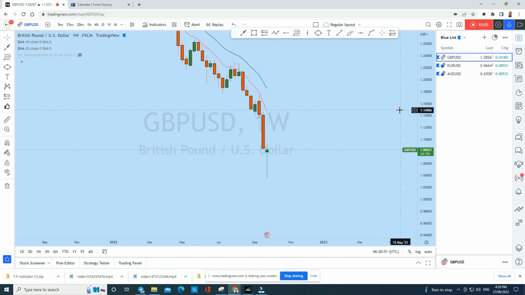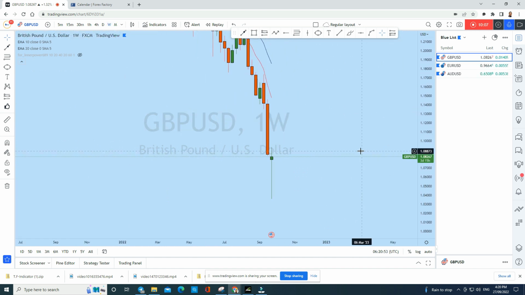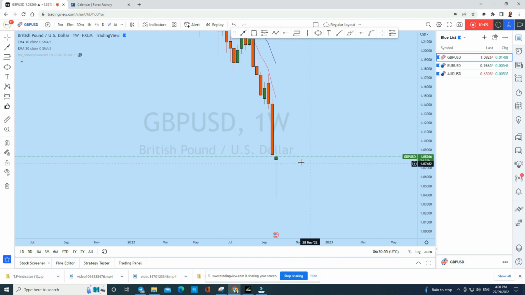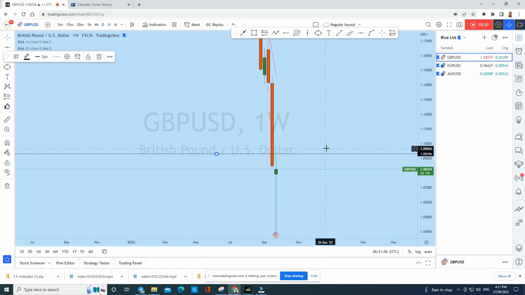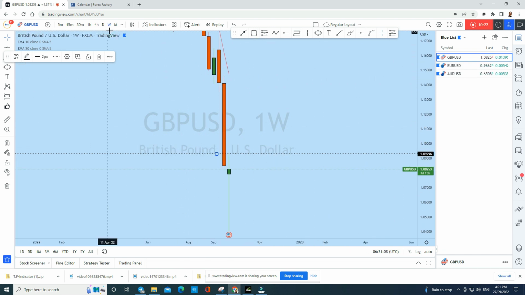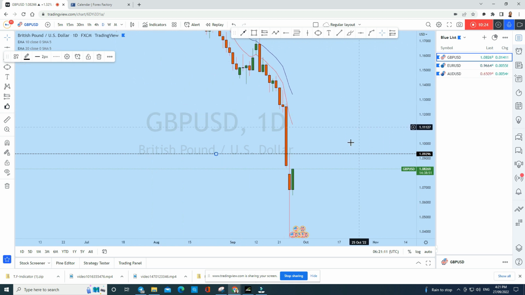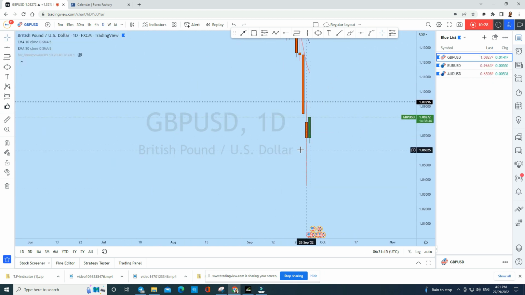Now looking at the weekly perspective, we have another probability for selling British pound US dollar, as this is where the weekly opening with a gap is, and the price is almost there above the opening, so that can give us another possible shorting opportunity on British pound US dollar. Looking at the daily, we see the past day there was a candle that is to me highly bearish.